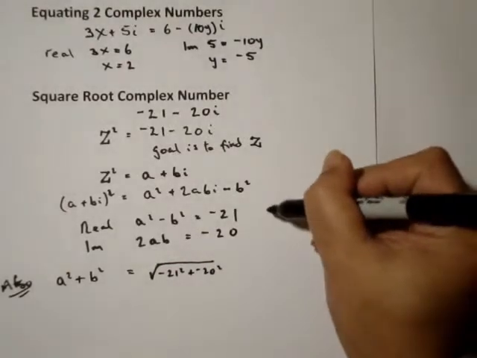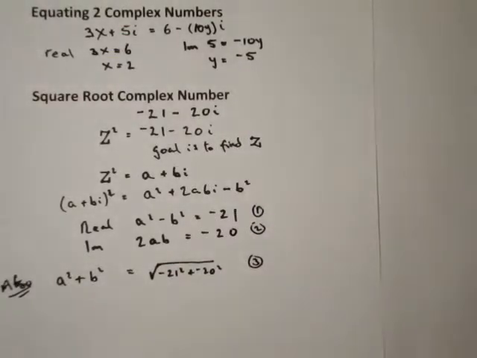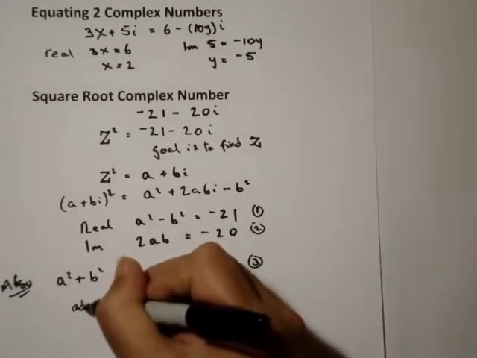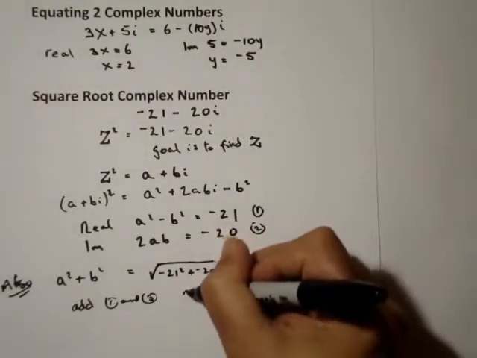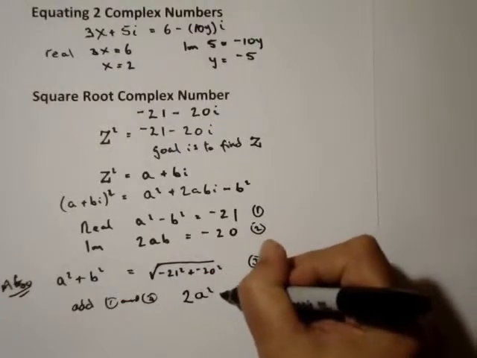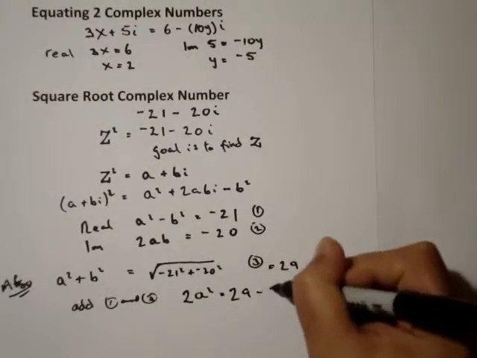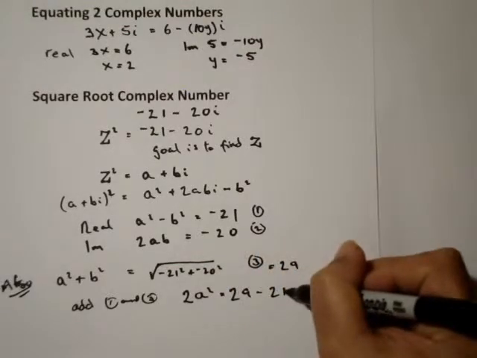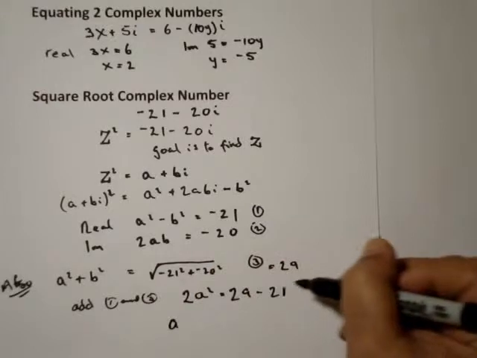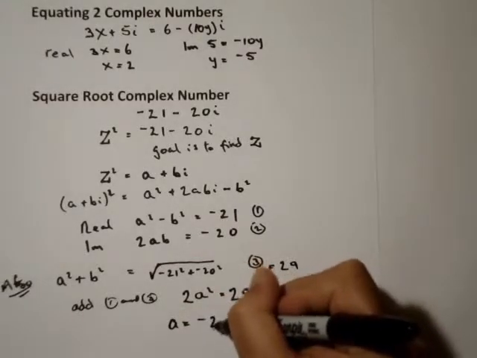So if we call this 1, call this 2, and call this equation 3, when we add equation 1 and 3, we get 2a squared equals, this is 29, so 2a squared would equal 29 minus 21, so a is minus 2 or 2.